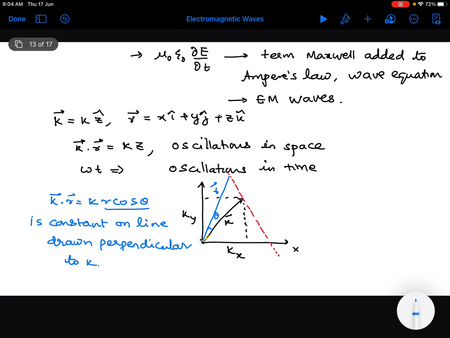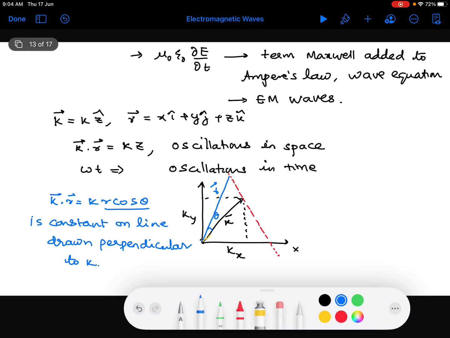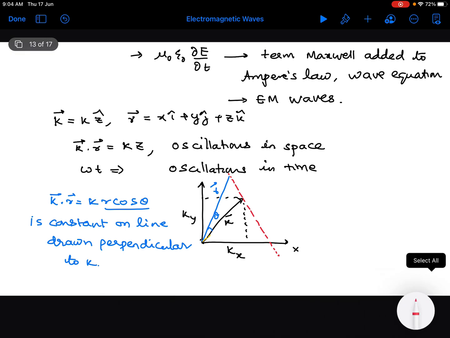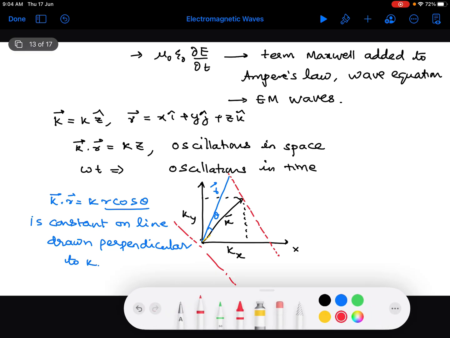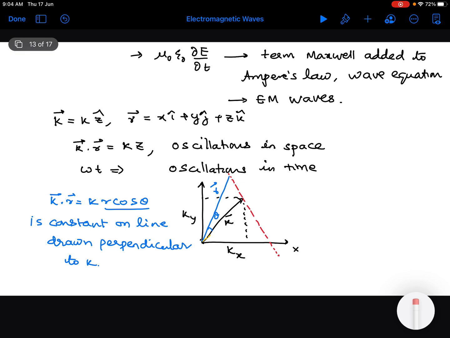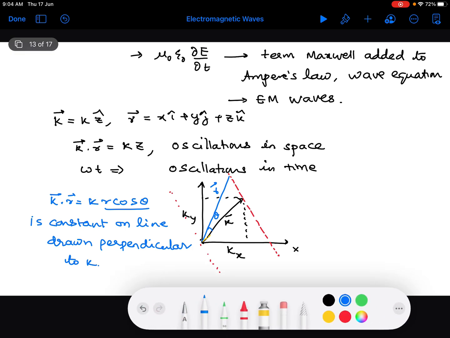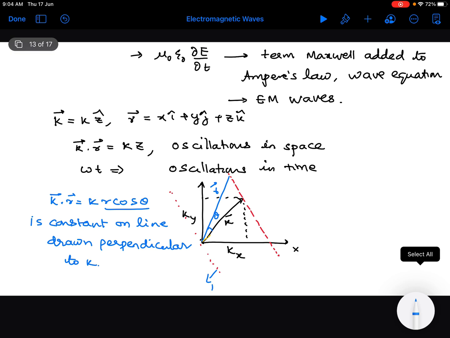Okay. Now we draw another line at the center perpendicular to k. So these two red lines are parallel to each other. Here k dot r is 0.